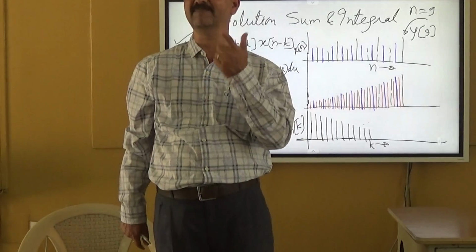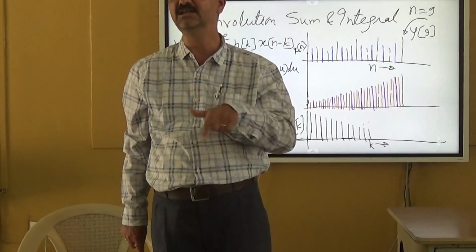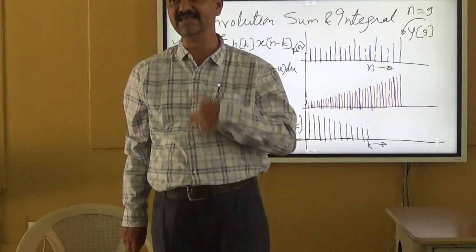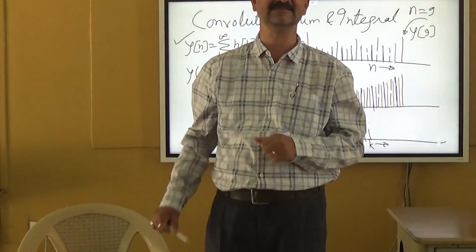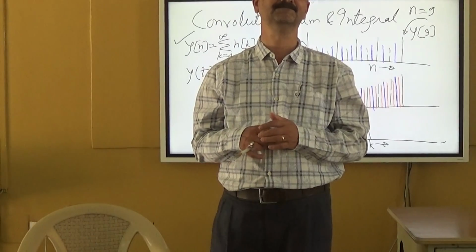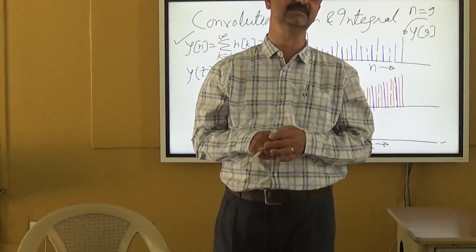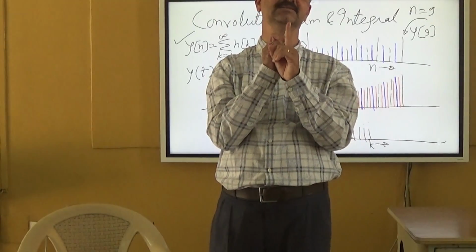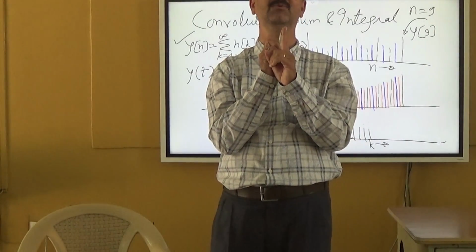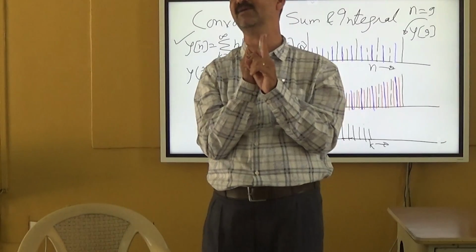So if sampling interval is going to be reduced continuously and as delta T tends to 0, what would be the limiting case? That current sample and its previous point which can't be exactly defined by me.